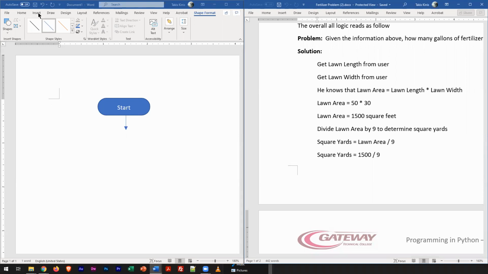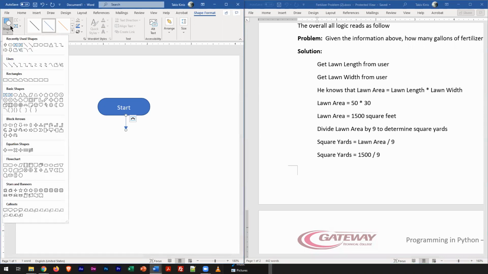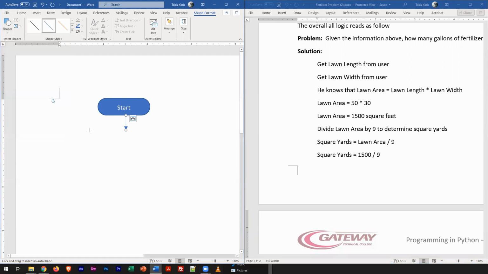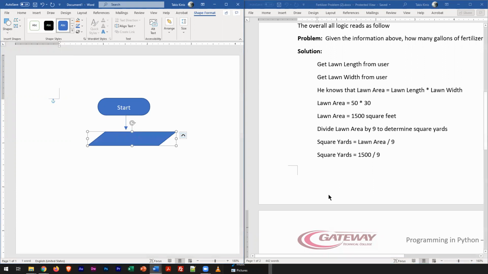So we're going to go back to our insert menu here, go to shapes, and then find the parallelogram, which is the fourth one in the flowchart area. So we're going to draw this in, and then I'm going to type basically the words that are already there.